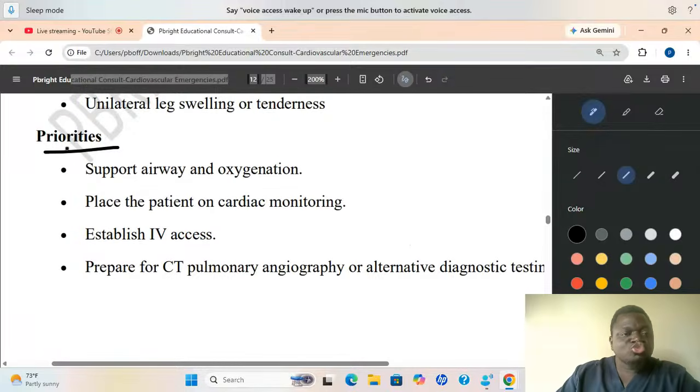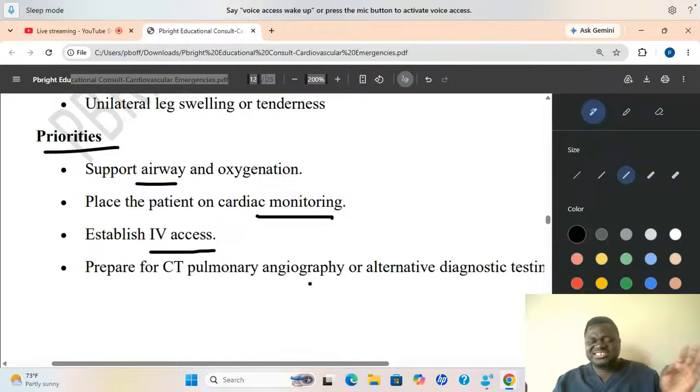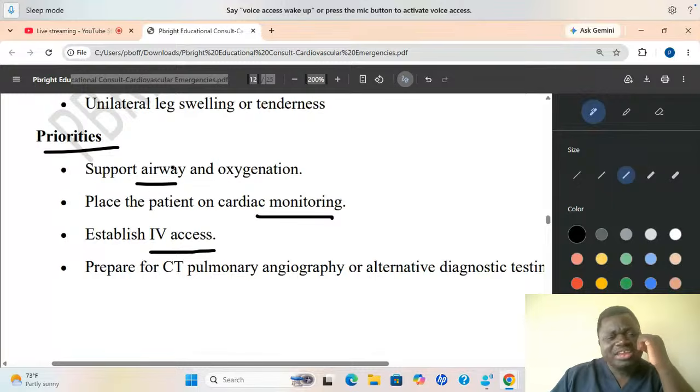You support the airway with oxygen and maintain airway clearance. Place the patient on a cardiac monitor, IV access, and prepare for CT. If you don't know what to do, ask yourself, but I know ABCD.